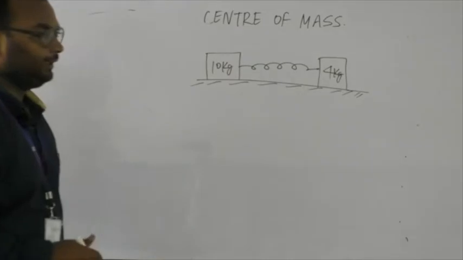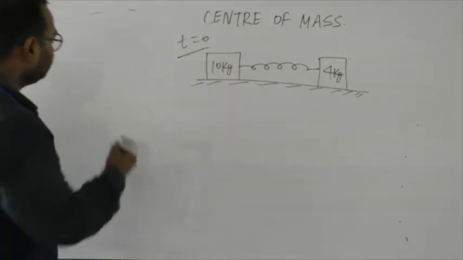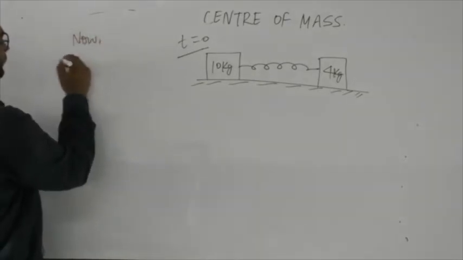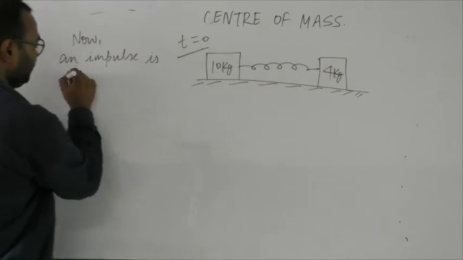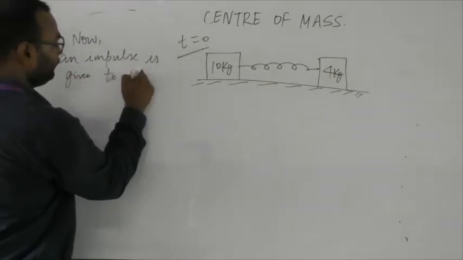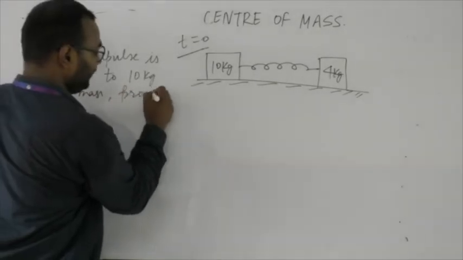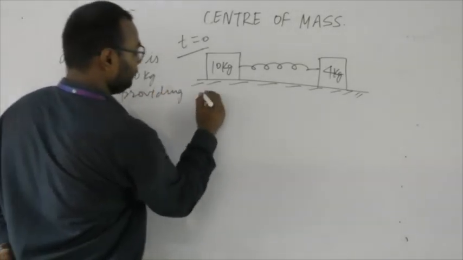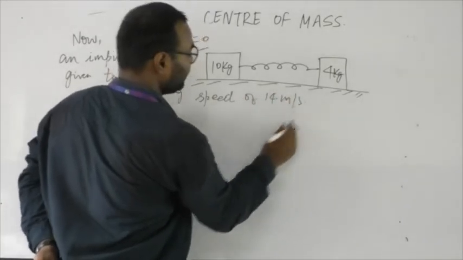This is the situation at t equal to 0. Now an impulse is given to the 10 kg mass, providing a speed of 14 meter per second.